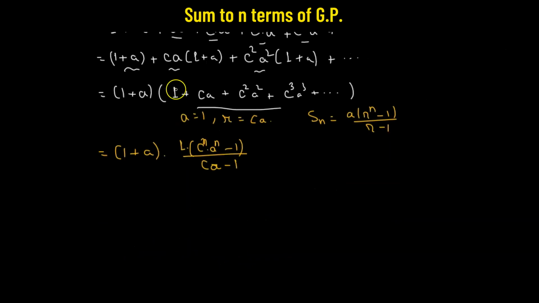So let's write everything properly. Our sum is equal to 1 plus a multiplied to c raised to the power of n times a raised to the power of n minus 1, divided by ca minus 1.